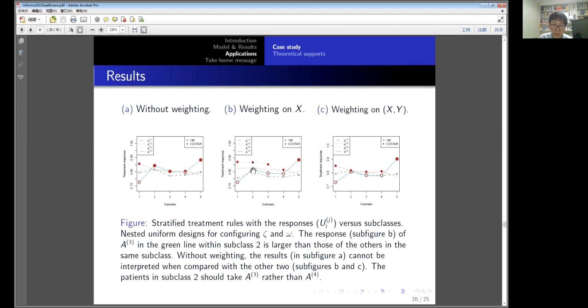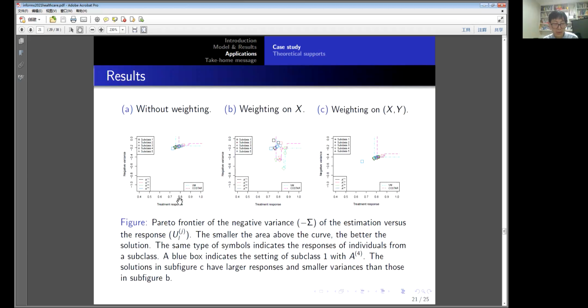Its treatment response is larger than those of the others in the same subclass. Without weighting, the results cannot be interpreted when compared with the other two results. The patients in this subclass should take A3 rather than A4.